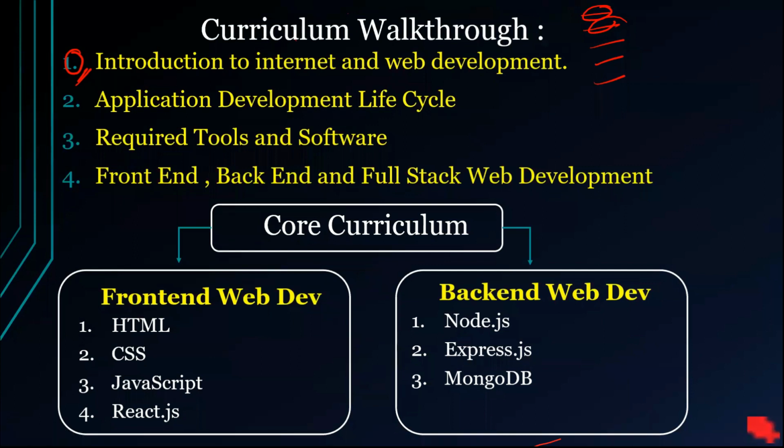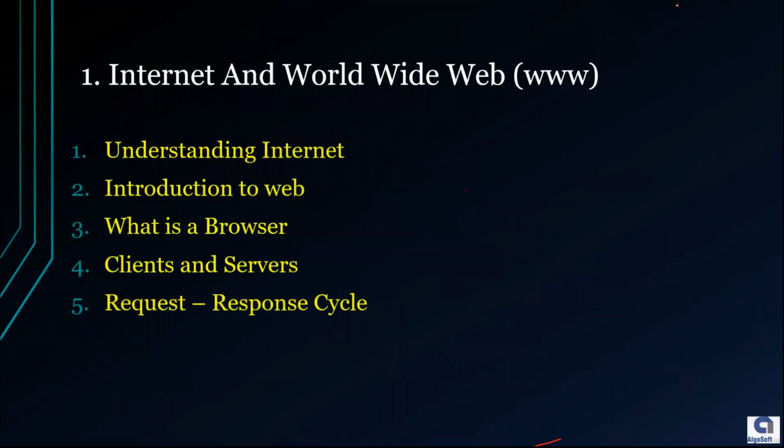So we have covered the second subsection. The third subsection would be client-server architecture, then request response cycle, and how web works. So let me pull up that slide. Yeah, this one. So we have covered introduction to web. What is browser is a very small topic. We'll cover that. This is the major section, and then how web works.